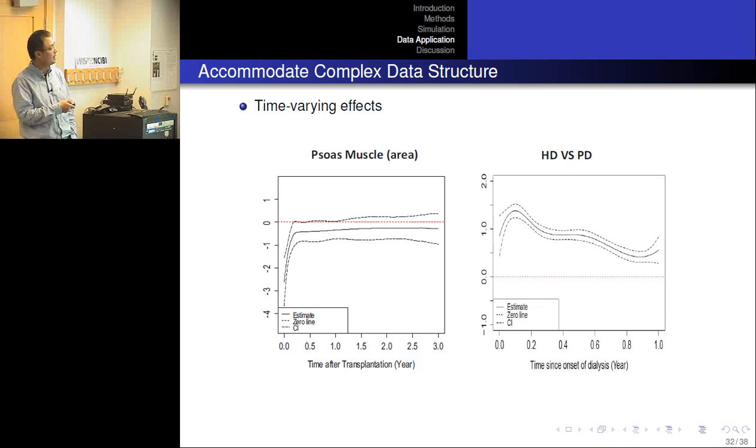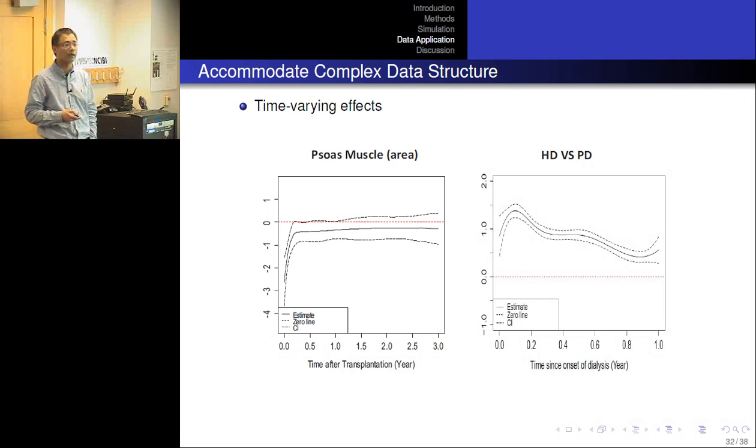If we fit a time varying effect, the trend is very clear. We code PD as 0 and HD as 1, and compare HD to PD. It's very clear we have a peak in mortality in the first several weeks. In the early stage, HD has a higher mortality. HD patients may die more quickly compared to PD, because the pressure on the heart is very large in the first several weeks.